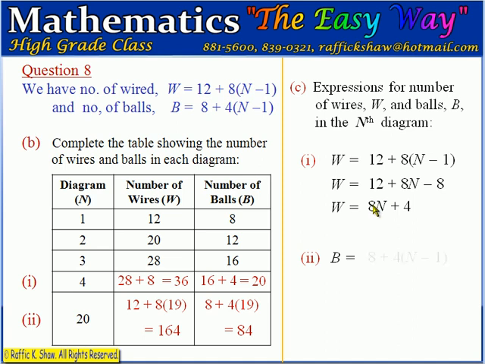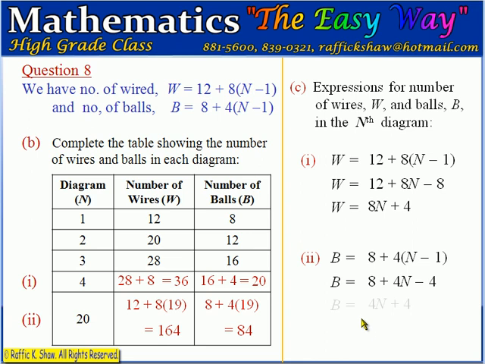And we could do a similar thing for the number of balls. Starting with this expression here for the number of balls that we derive from the first section, the number of balls is 8 plus 4 times n minus 1. Again, we can expand this and we end up with number of balls being equal to 8 plus 4n minus 4. And then 8 minus 4 is 4.